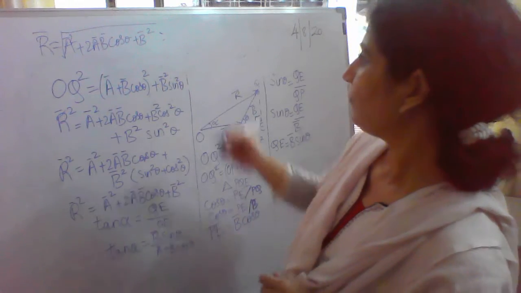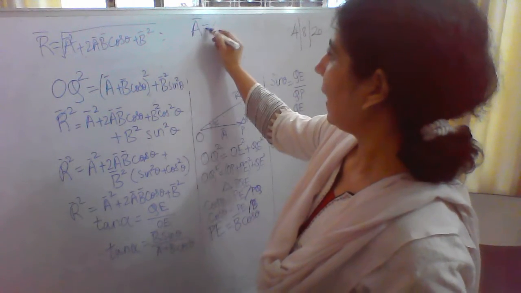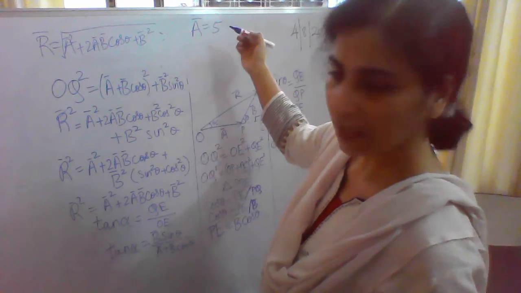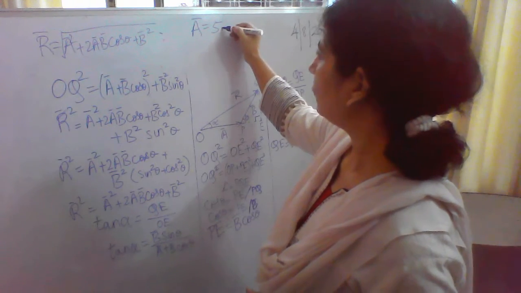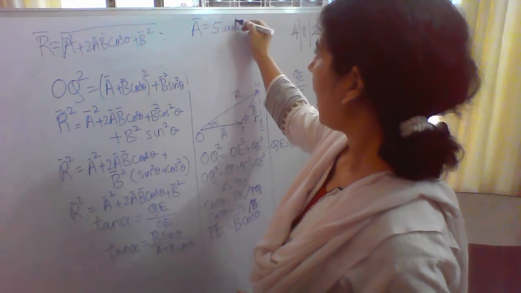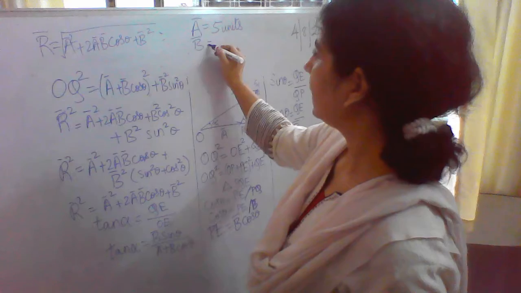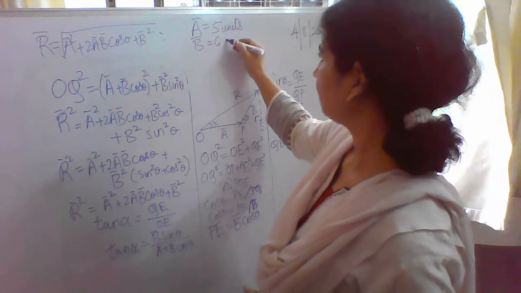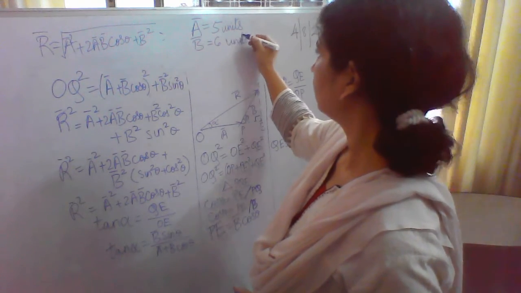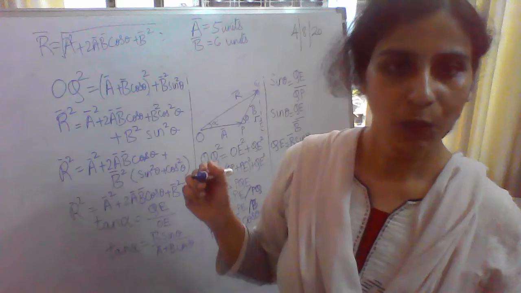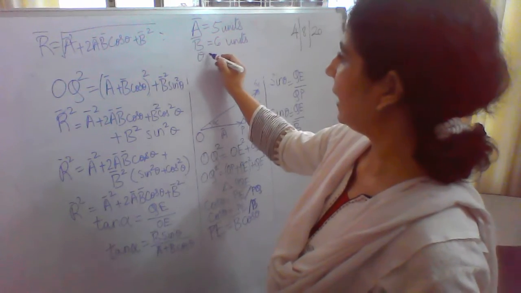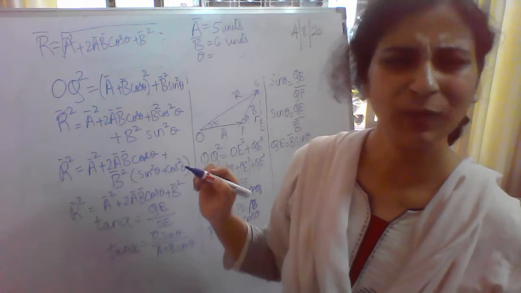Okay, A, let it be 5 units, and let B be 6 units. Now with the help of this theta, let us take it simple to be 30 degrees.